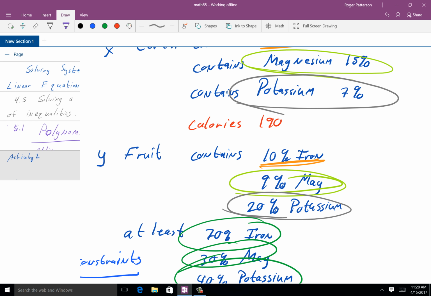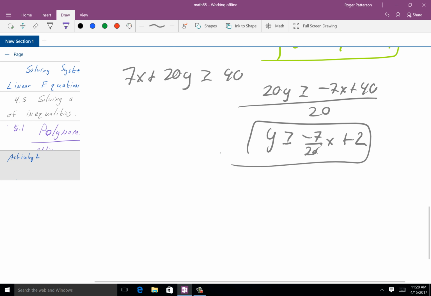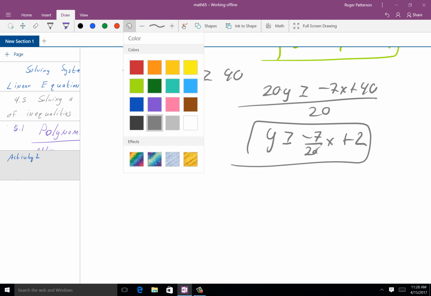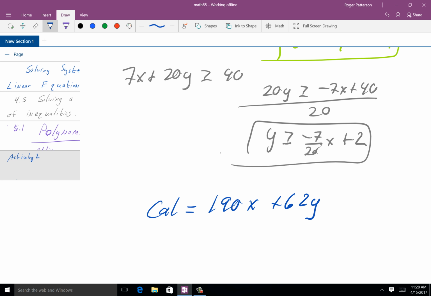So the calories for the cereal was 190, and the calories for the fruit is 62. Now you can't see it, but I'm going to write that down on my thing here for calories. I'm going to write down calories equals 190x plus 62y. Okay? Calories equals 190x plus 62y.